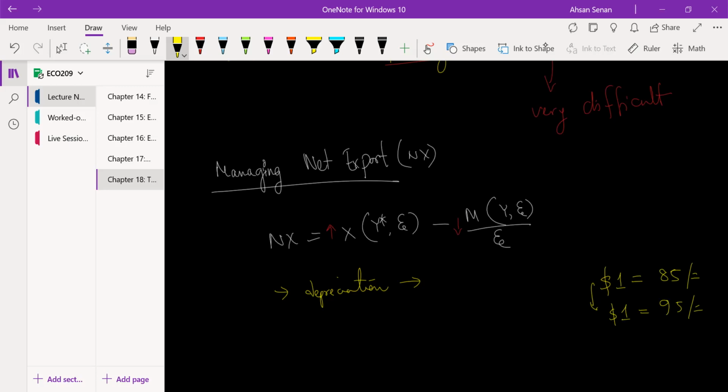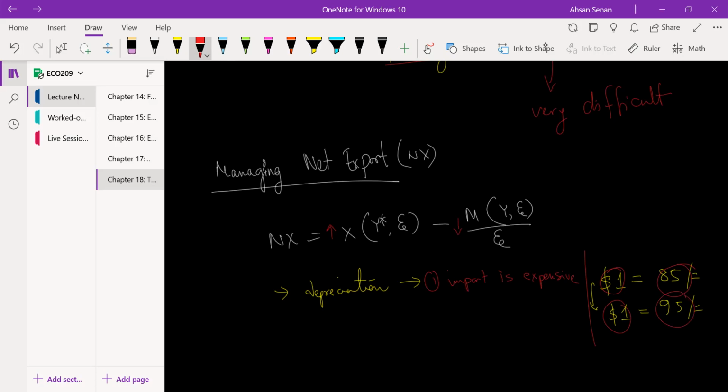What this means, I'm going to write this down. First of all, import is expensive. I'm talking about people from Bangladesh. Import is expensive because to buy goods worth $1, previously we had to spend 85 taka, but now to buy goods worth $1, we have to spend 95 taka.